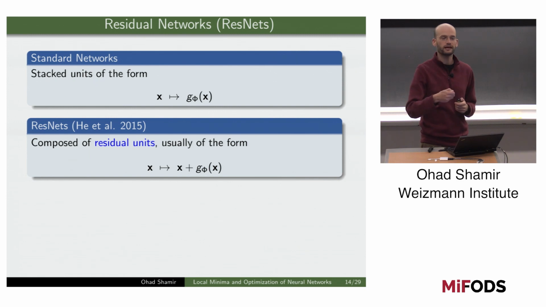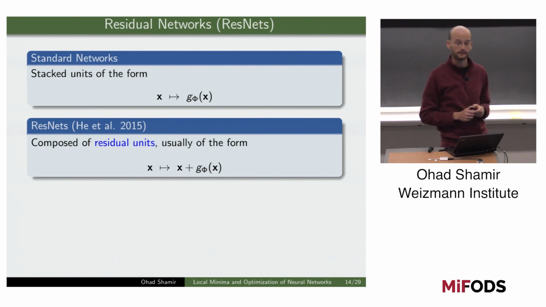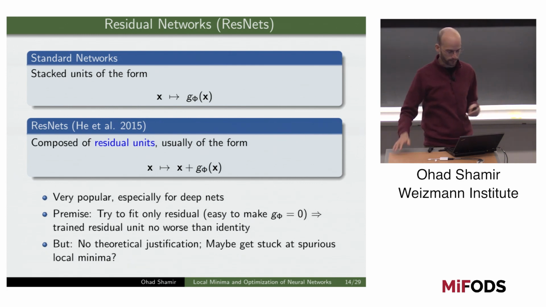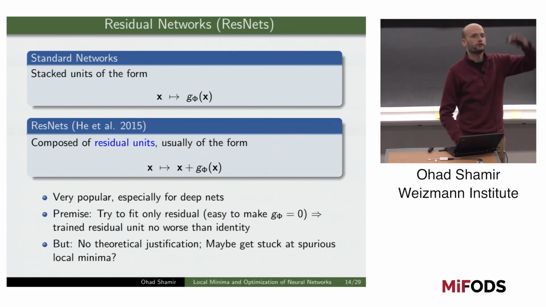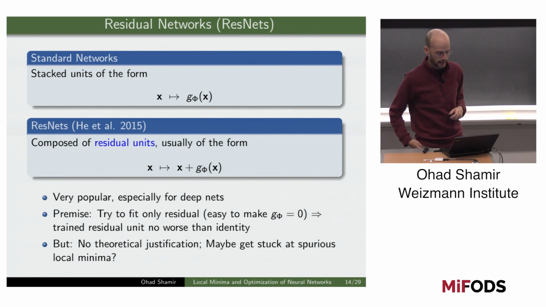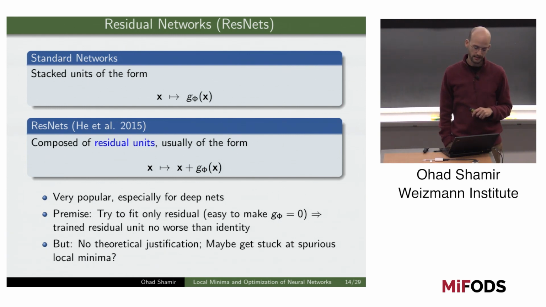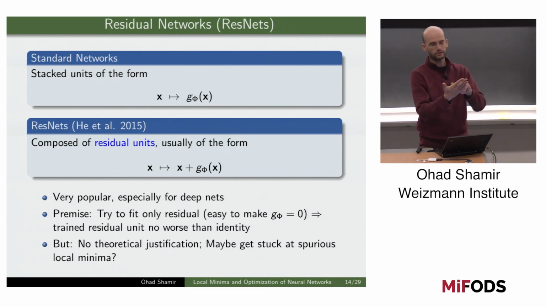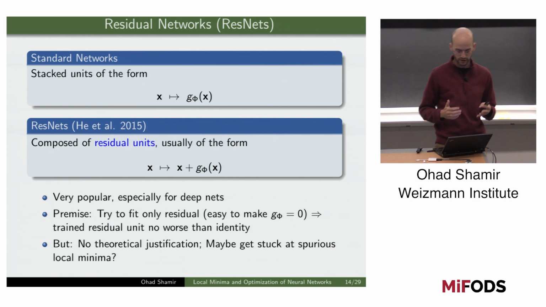So the input x is always mapped to itself, plus some nonlinear component. Now, this is an architecture which is very popular nowadays, especially if you want to train very, very deep networks with many layers. And kind of the intuition is that because x is always mapped to itself, there is essentially a skip connection. So you can always express the identity transformation by making this g function a 0.